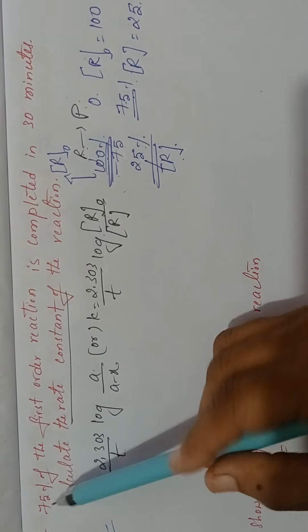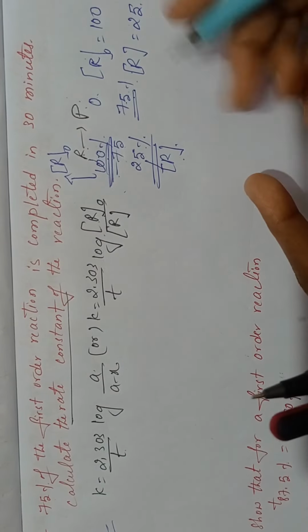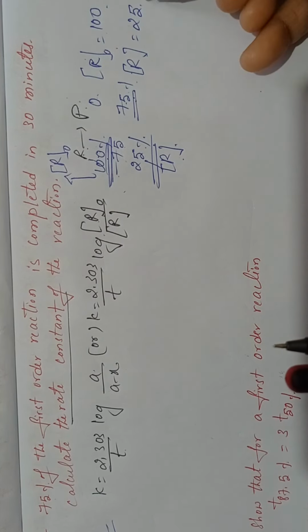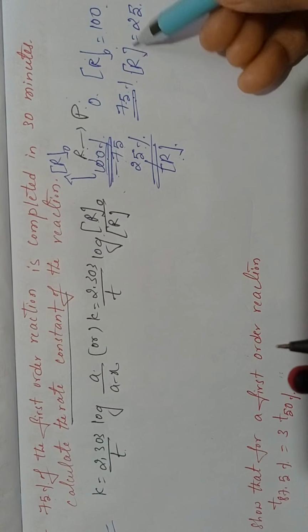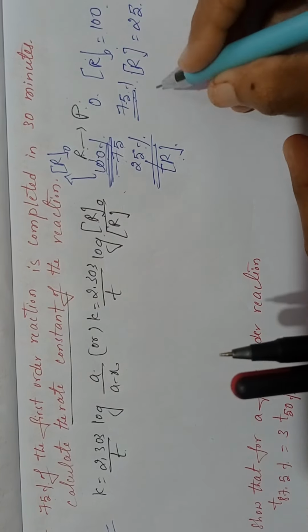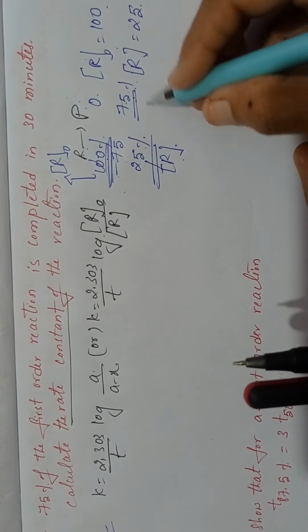Okay, so nothing else is there, students. 100 is the initial concentration, and 75 is the product formed. The final concentration is nothing but 100 minus 75 you have to do, then you will get the R value. Are you clear this one? So this is the final concentration. Clear? So like this you have to find it.